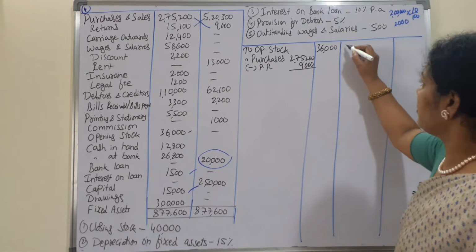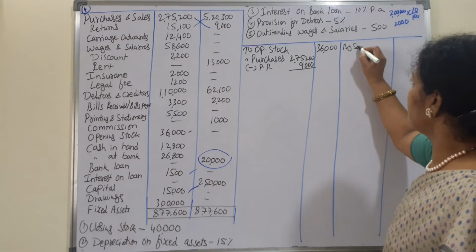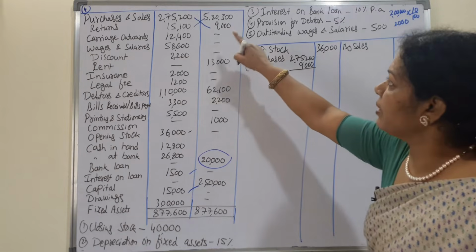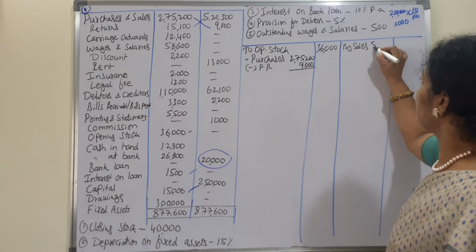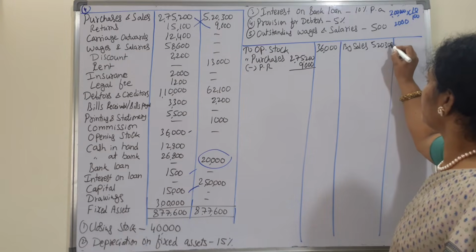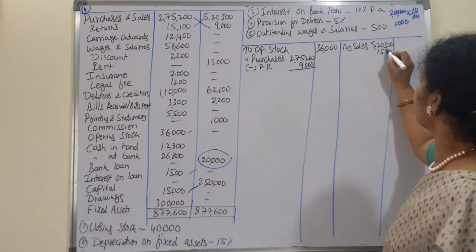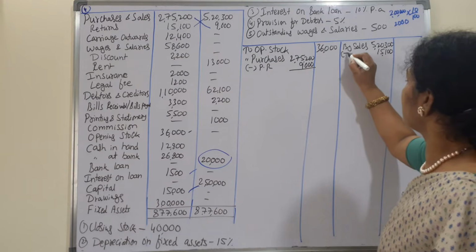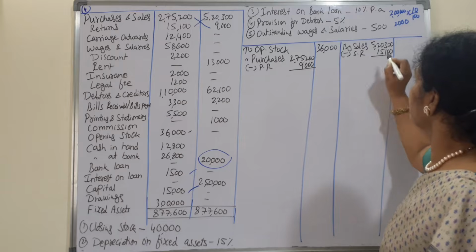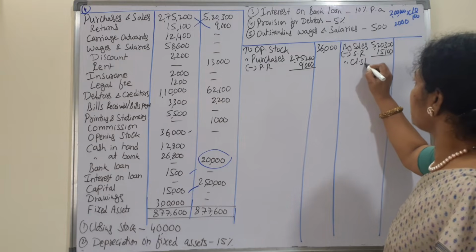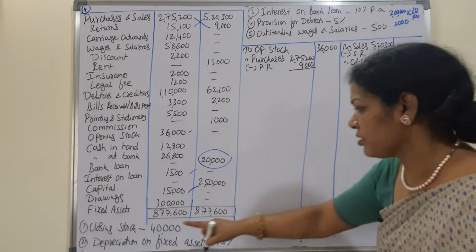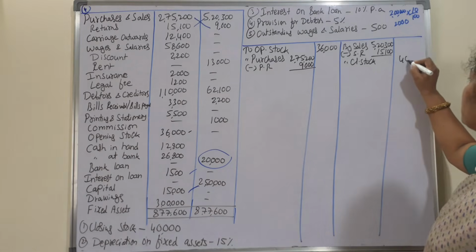See the calculations later. By sales 5,20,300 minus sales returns 15,100, and closing stock. Closing stock is 40,000.